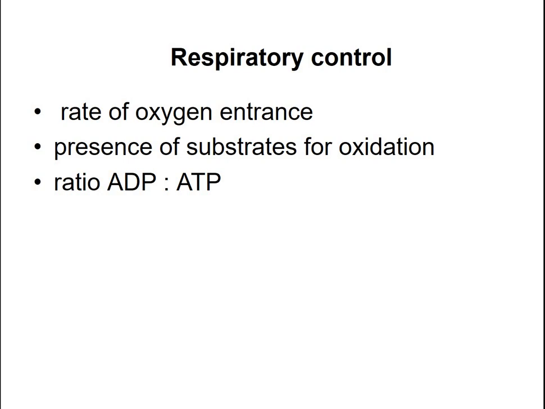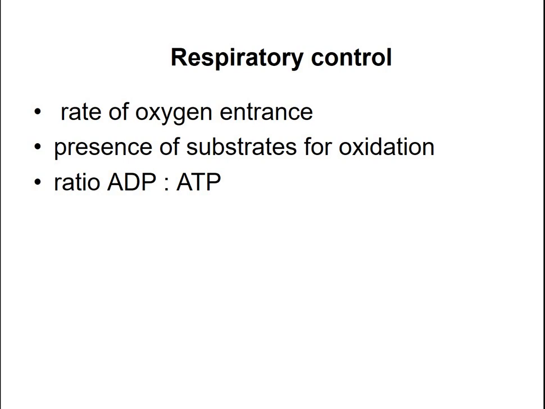When the cell accumulates some amount of ATP and transfers into a rest state, the ATP level will be high, and it will have an increased level of reduced coenzymes.